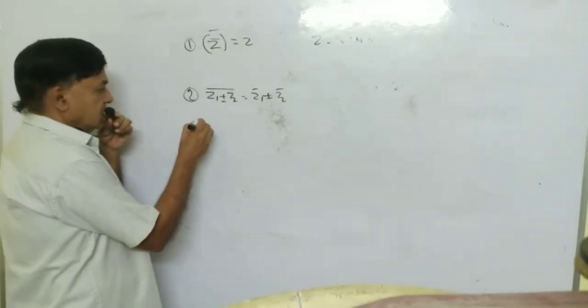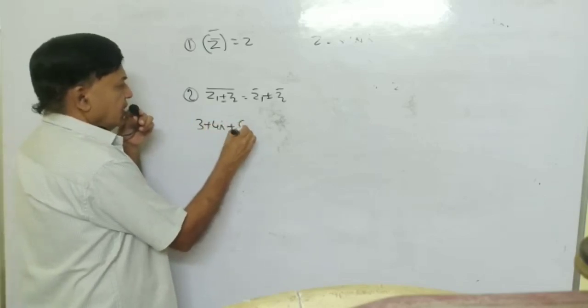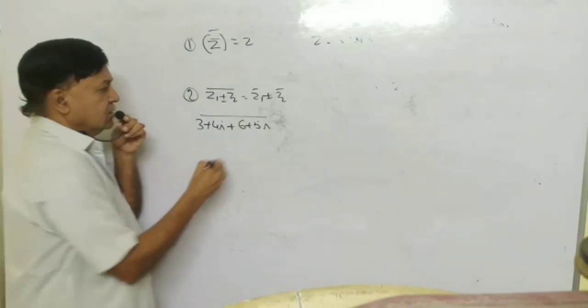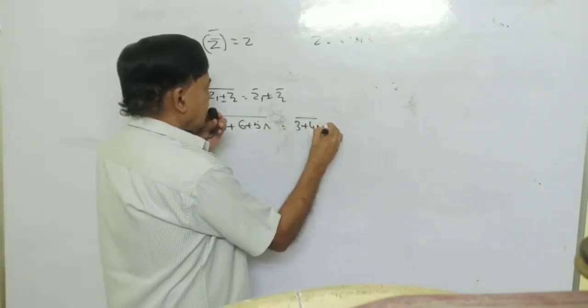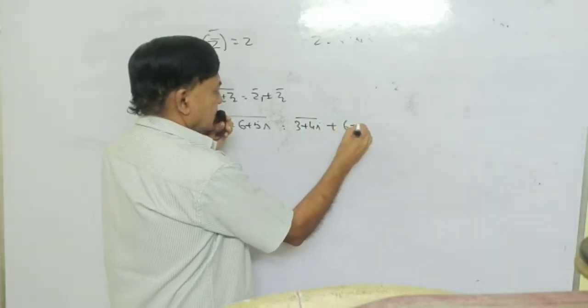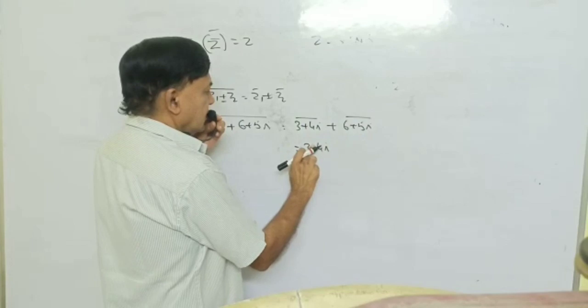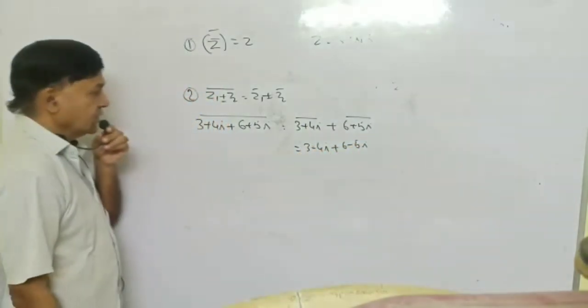For example, consider (3 plus 4i plus 6 plus 5i) whole bar. This is equal to the conjugate of 3 plus 4i plus the conjugate of 6 plus 5i, which is 3 minus 4i plus 6 minus 5i.